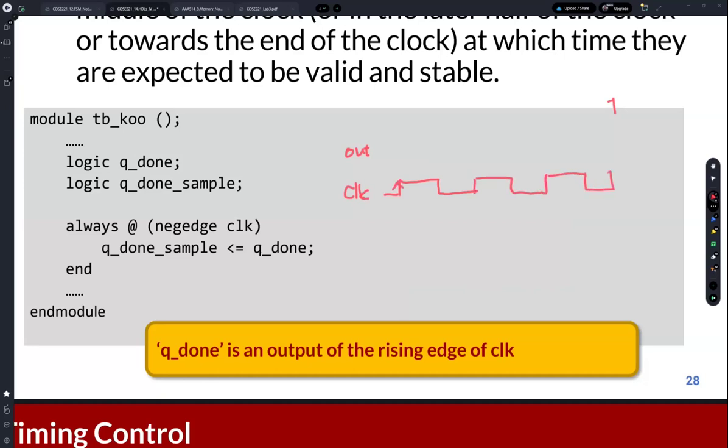Okay, the rising edge of the clock. Then we can observe that the value of this output signal is changed exactly on the rising edge of the clock.